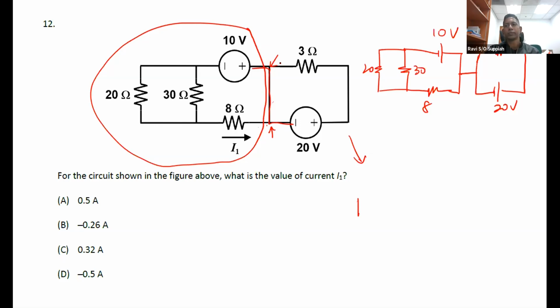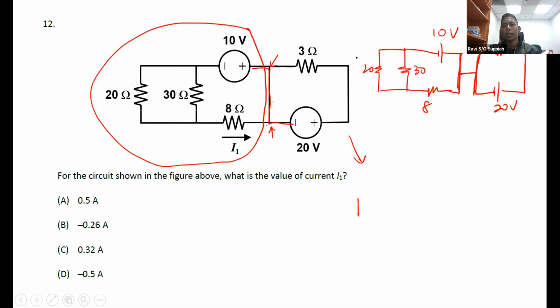So this point here is one part and this part is another part, so I can treat it as two separate circuits. On my left-hand side I can close the loop, on my right-hand side I can also close the loop. That is basically how you can separate out the circuits to know that I only need to focus on this part of the circuit for my analysis.